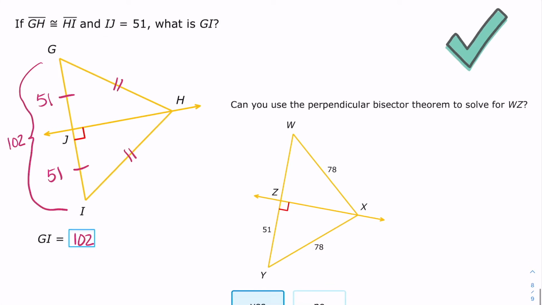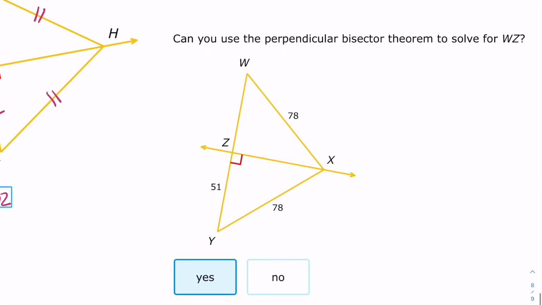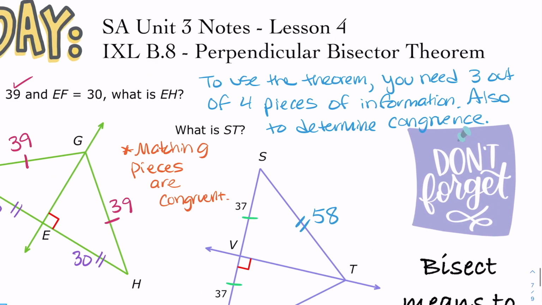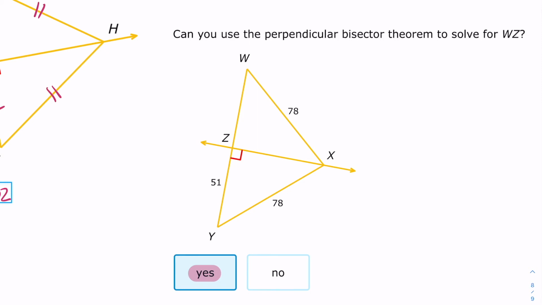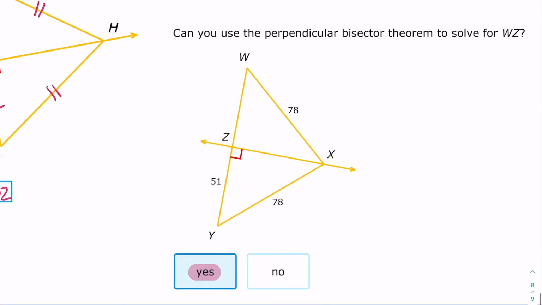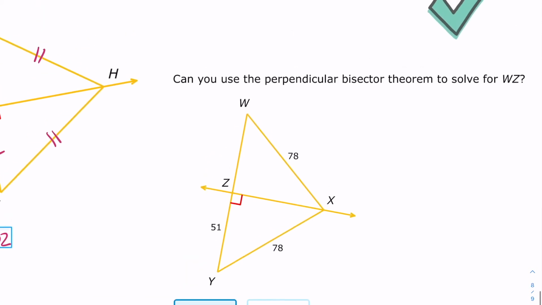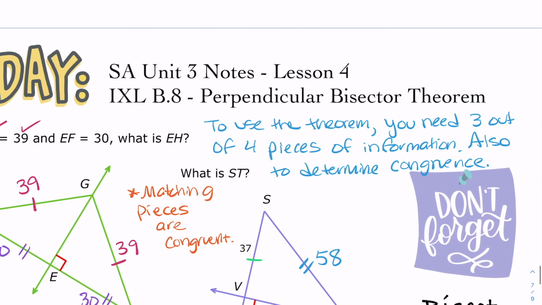All right. What's something else it could do? Well, it could ask you, can you use the theorem? I accidentally clicked the right answer here. The answer is yes. But why? Let's go back to what I said. To use the theorem, you need 3 out of 4 pieces of information, also to determine congruence. So let's take a look. We have 3 out of 4. Ooh, you know what? We don't only need 3 out of 4 pieces.